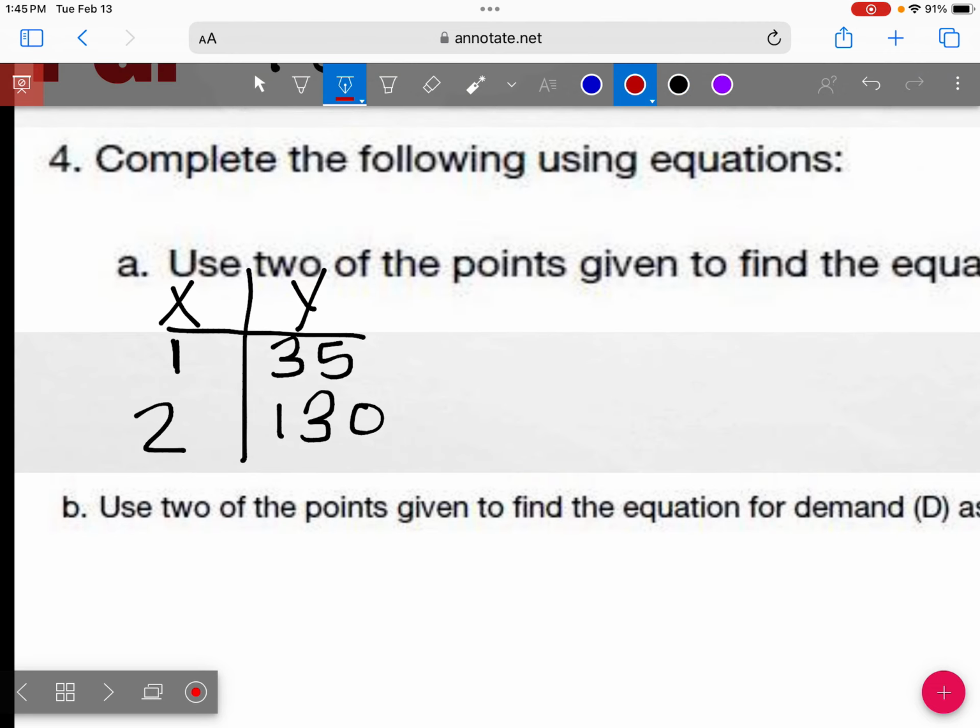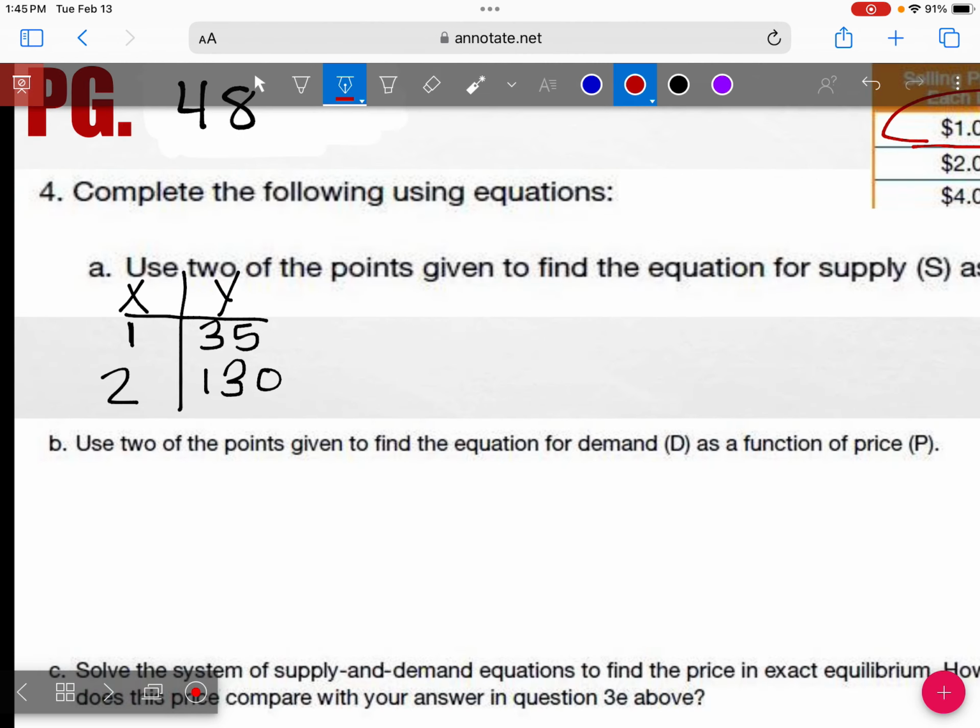So since we can see on our picture that these are linear equations, they're lines, we need to find our slope. That means I need the change in my Y's over the change in my X's. It's been a hot minute since we did slope. So rise over run is our other way to remember that. Y's over X's. So what happened to my Y values here?